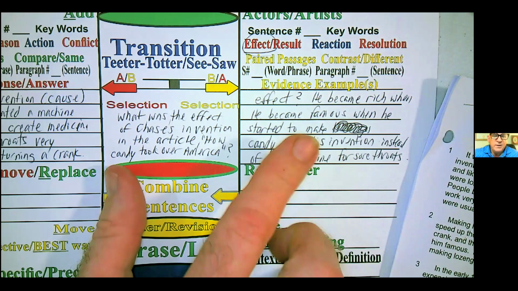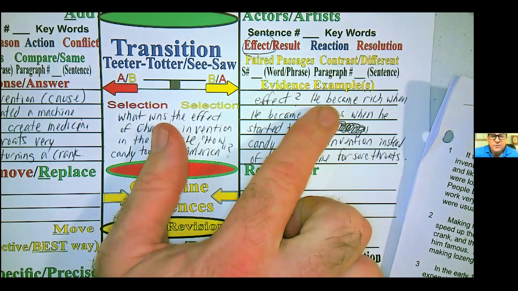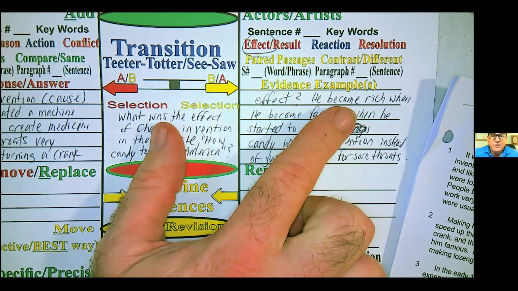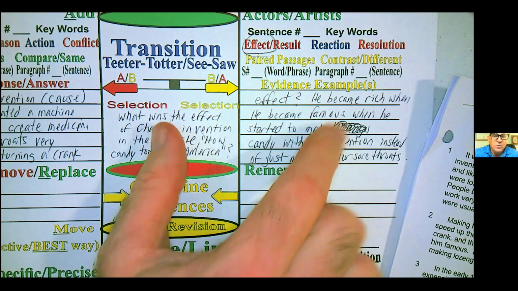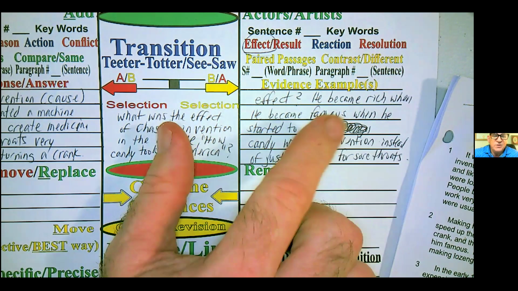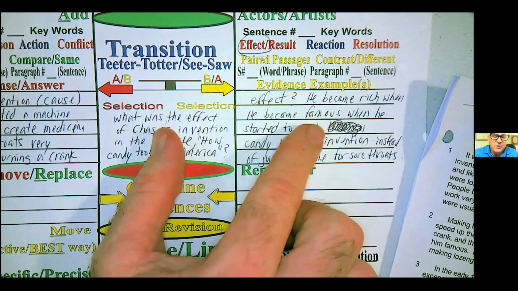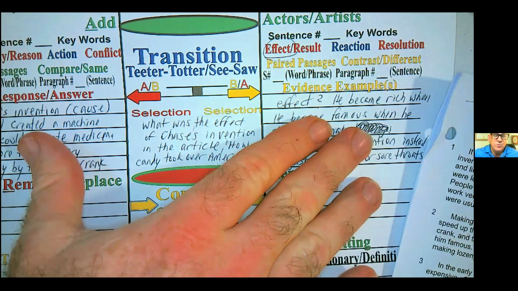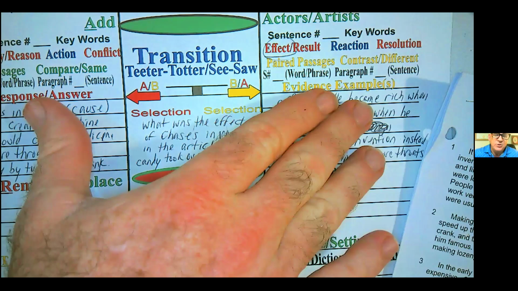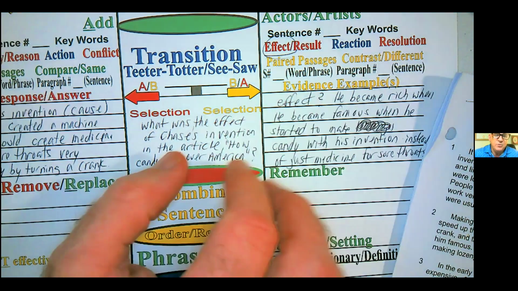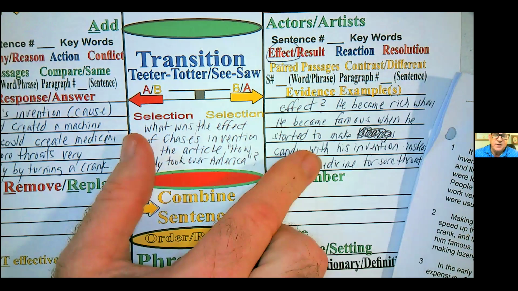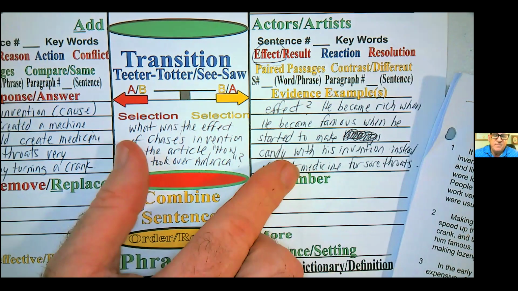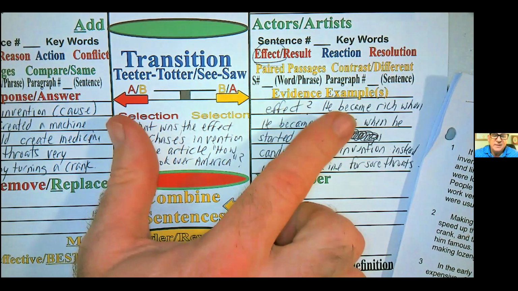So one answer is that he would become rich or wealthy, because if you just say he became well known, that's already part of the evidence. What they want to know is, based on what they shared with you, what idea can you add? Anybody who's making a lot of something, doing it very easily and becoming famous for it, is most likely going to become rich.